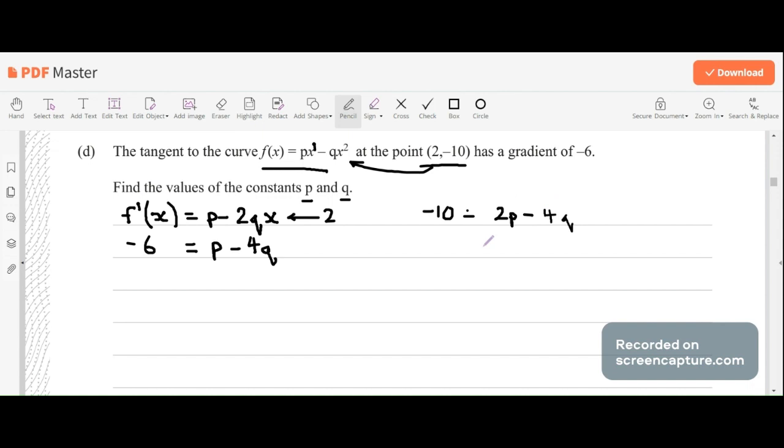Okay, so now, I forgot the equal sign. -10 equals 2p minus 4q. So I substitute 2 into both of those, both x values. I got that, and I also did the same thing down here.